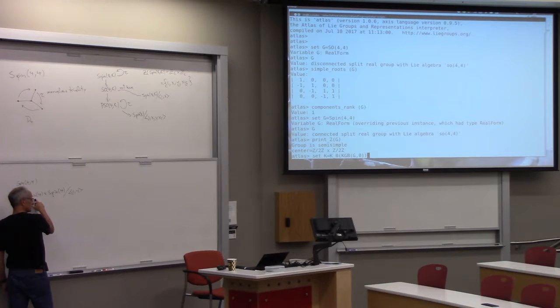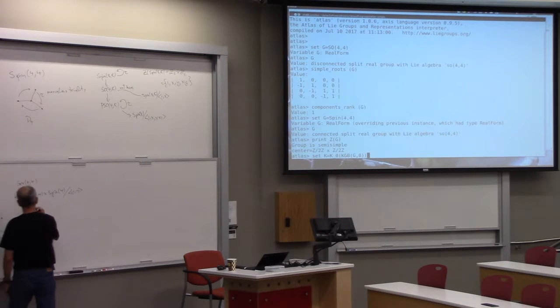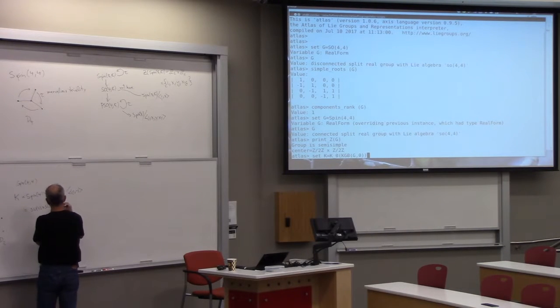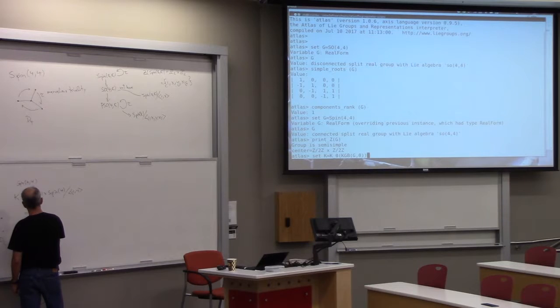So spin 4, what is spin 4? Spin 4 is type D2, and it's compact. So it's SU2 cross SU2. Modulo something. Yeah, it's literally SU2 cross SU2.